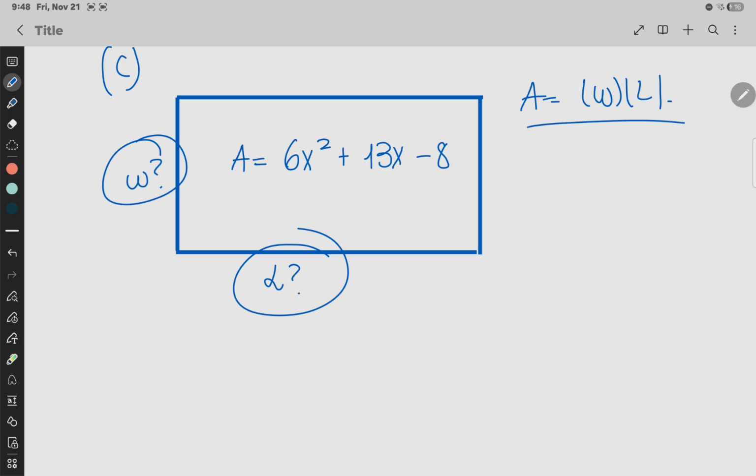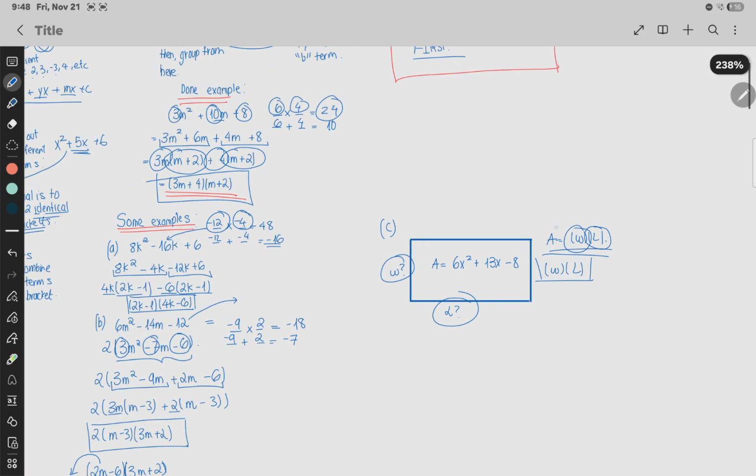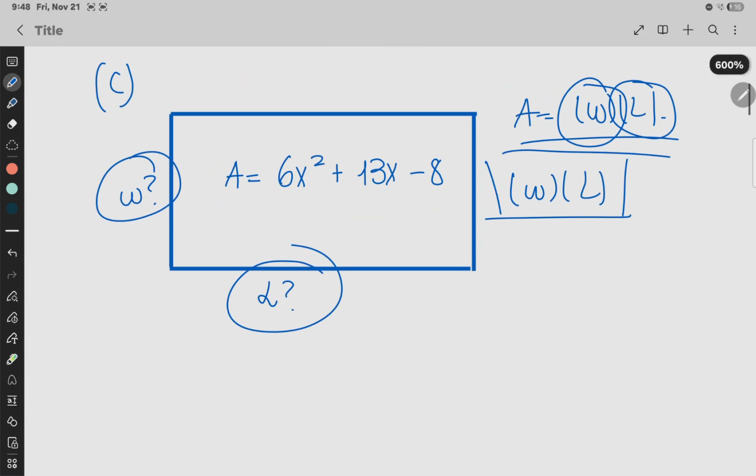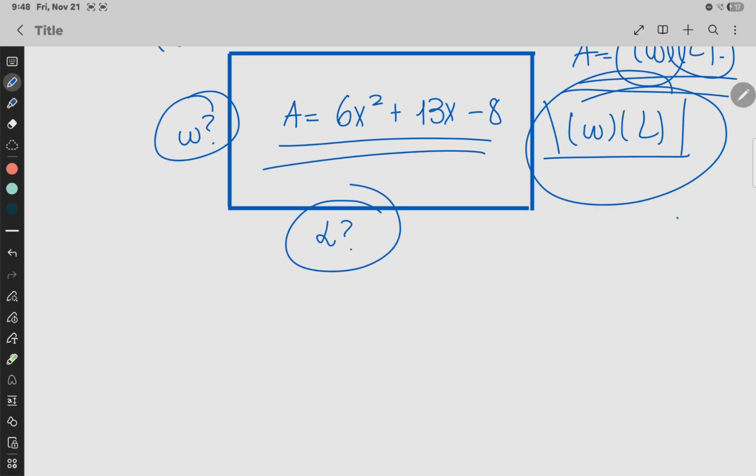And the length and width are just two brackets multiplied to each other, which resembles what? Resembles factoring, right? So essentially, we just factor this whole expression to obtain two brackets, which are the length and width.